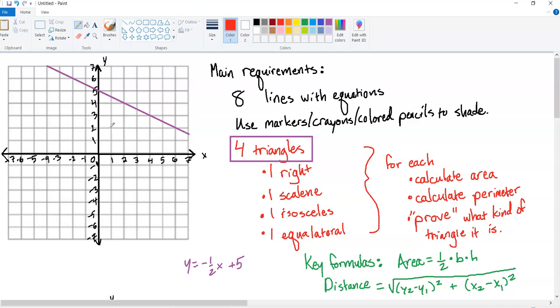Let's say my next line would be from, I'm going to go from the origin here and go up like this. I've planned this out in advance so that I get a nice triangle here for my work. Okay.